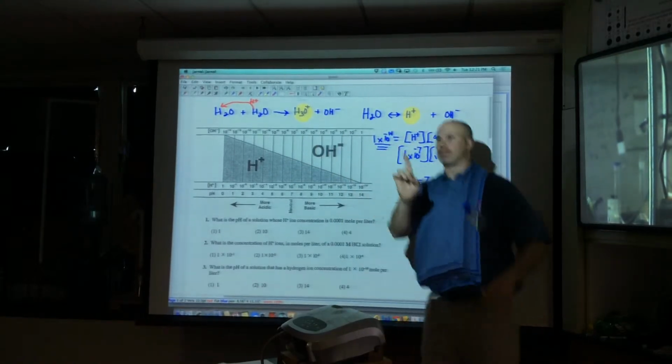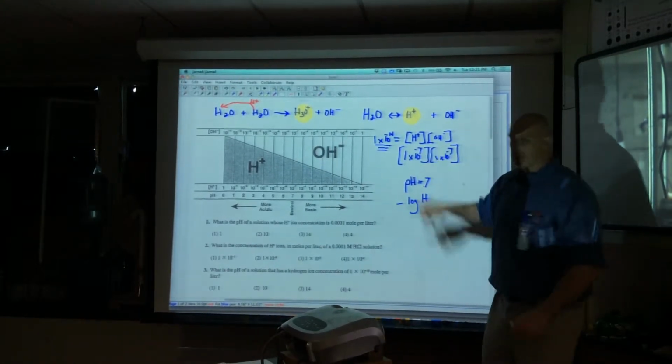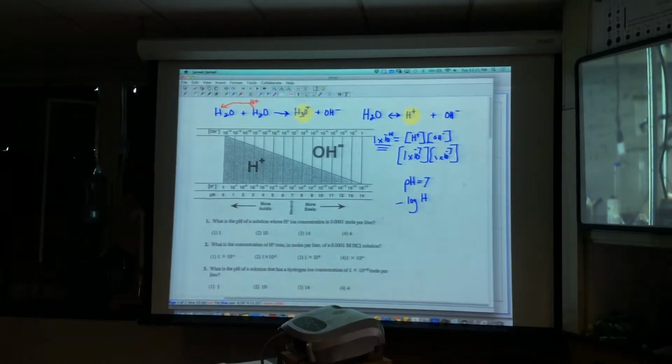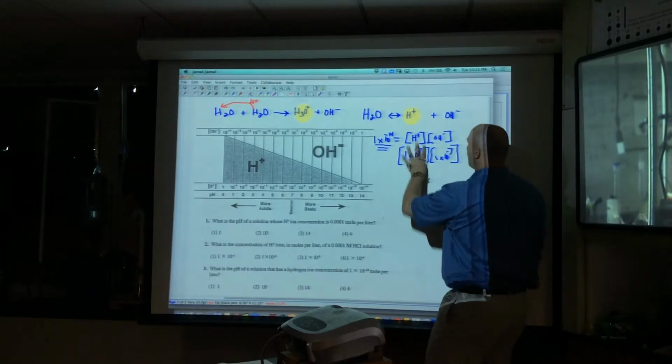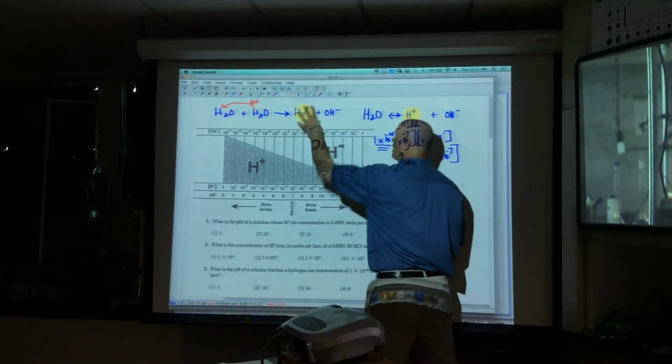Now, this is important. If I increase my H plus or my H3O plus concentration, let's increase it 100 times. Let's be crazy and increase it 100 times. If I increase this 100 times, I make it 100 times more acidic. Acids give off H pluses or produce this or make hydronium ions.